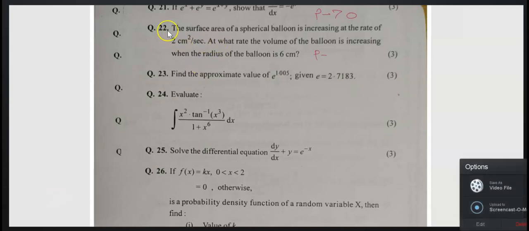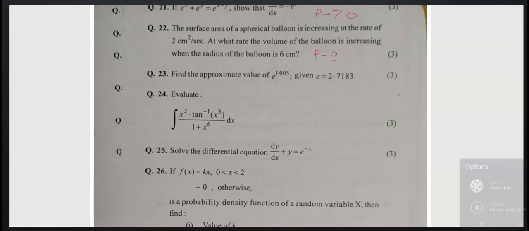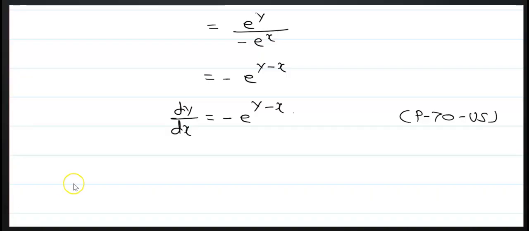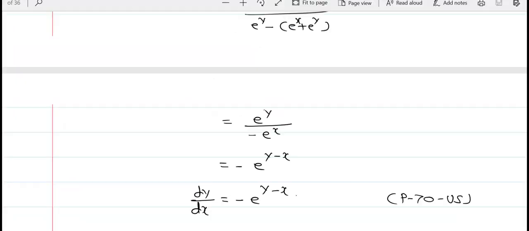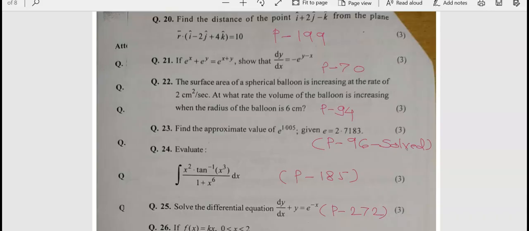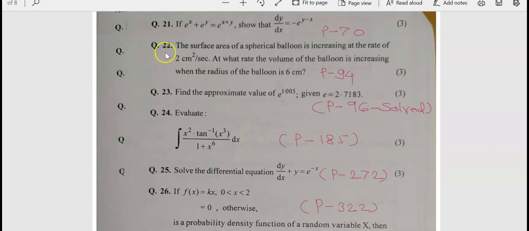Now the next question is on the page, that is question number 22. See this question here. The surface area of a spherical balloon is increasing at the rate of 2 centimeter square per second.